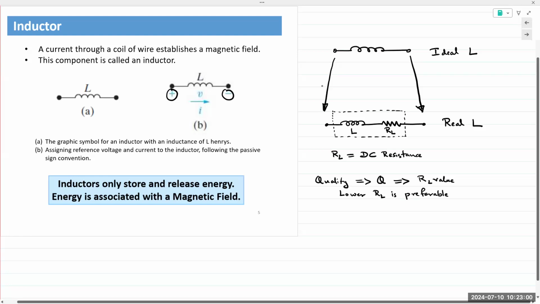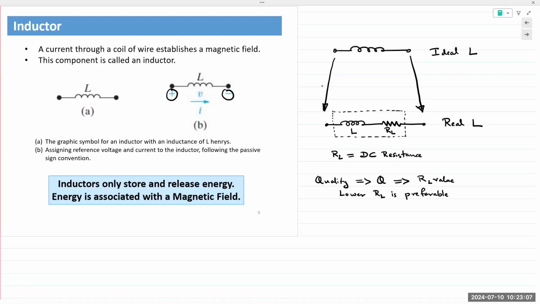Obviously, we want the value of RL to be as low as possible so it doesn't interfere with the circuit operation. And the quality of that inductor is described by the value of that RL. For ideal inductors, RL is equal to 0. For real-life, high-quality inductors, the resistance is less than 4 or 5 ohms.